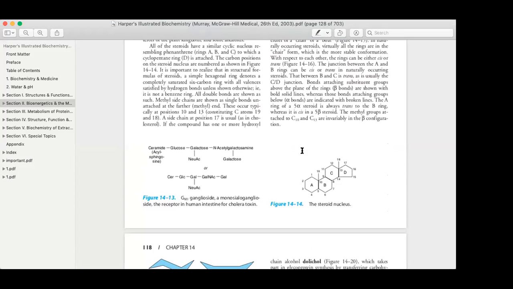Number three, VLDL. And number four, chylomicron. Please write this MCQ. Which of the following lipoproteins are rich in lipid, have more lipid contents? Number one, HDL.